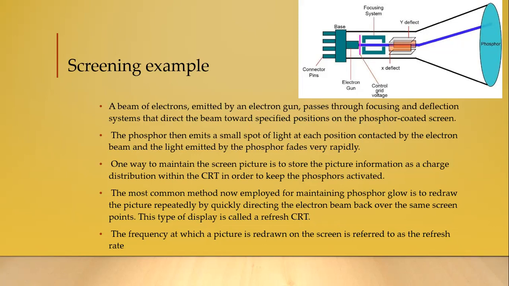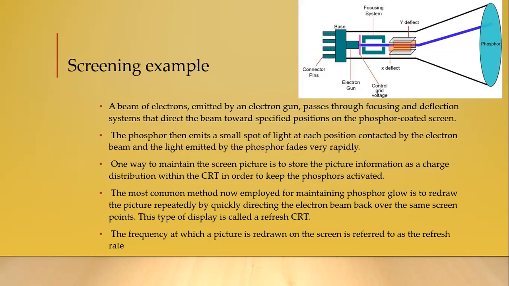The phosphor then emits a small spot of light at each position contacted by the electron beam, and the light emitted by the phosphor fades very rapidly.